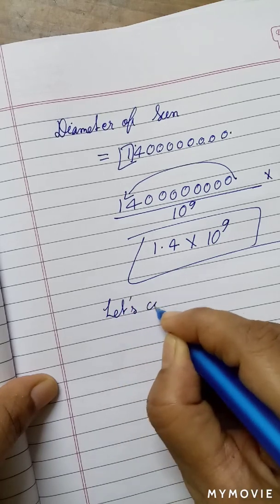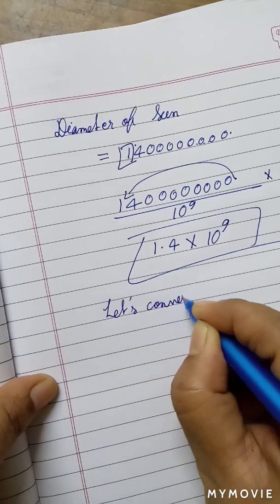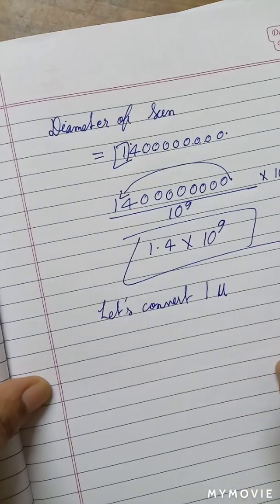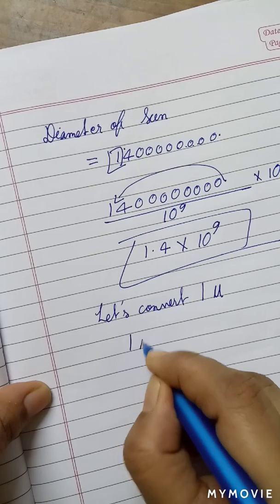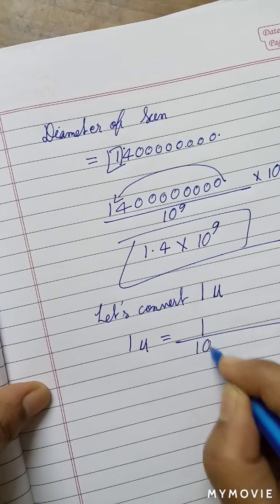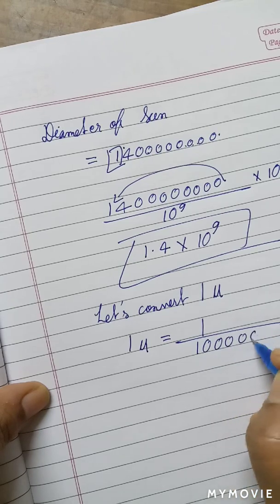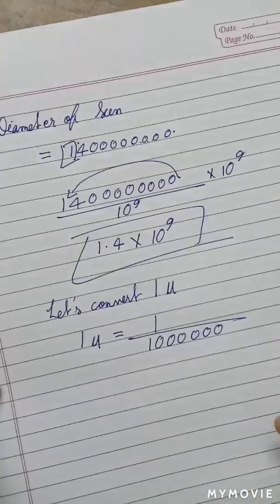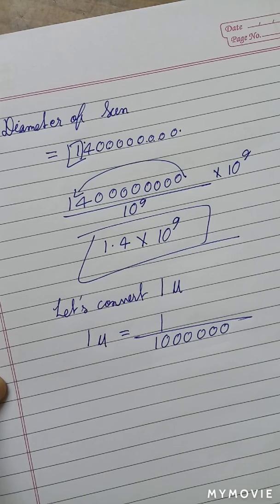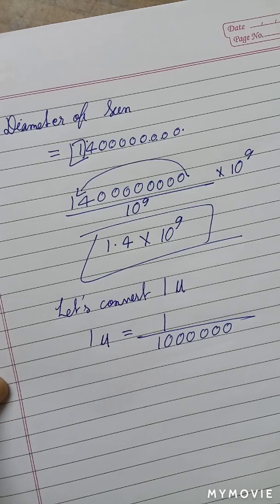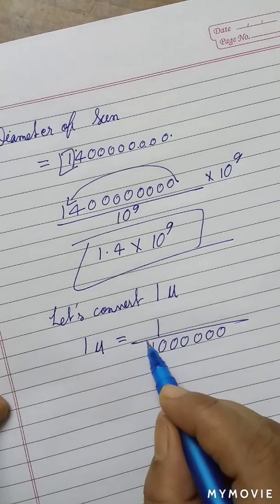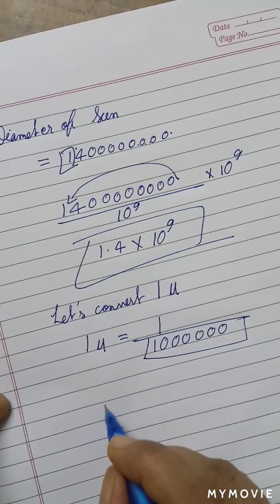Let's convert 1 micron to its standard form. 1 micron is equal to 1 by 1 million. We know that. Now, in order to convert it to its standard form, what we will do is this.